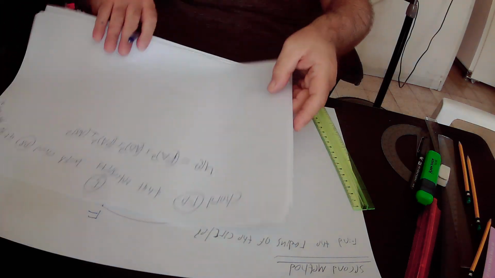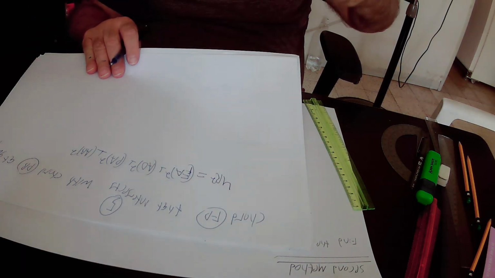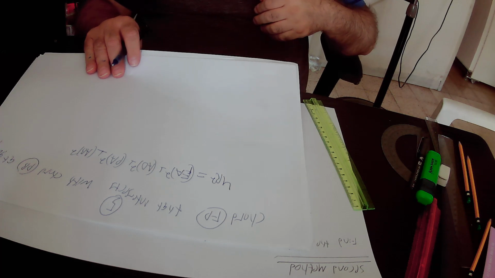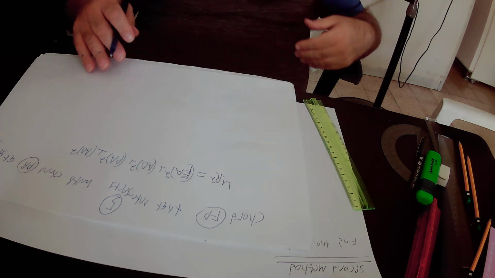Repeat again. Chord FD intersects with chord PB at 90 degrees, that is to say the two chords are perpendicular to each other. Whenever we have two chords that are perpendicular to each other, we can implement rule number 4.